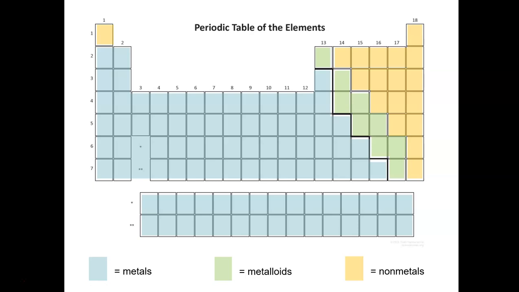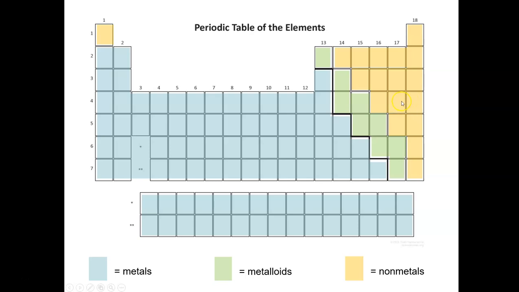Now that is definitely something that you're going to need to know. So if you look at just any periodic table, it may not be colored like this. They may not show you where the metals and the nonmetals and the metalloids are. But you should in your head be able to picture where they are because you'll always know where this stair-step line is. Anything to the left is metals.